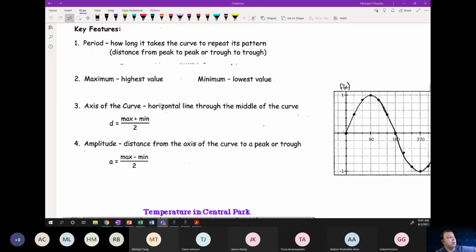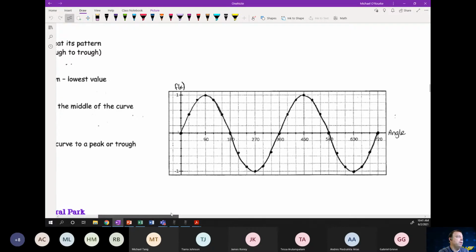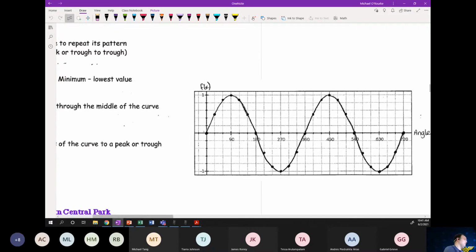The axis of a curve is the horizontal line through the middle of the curve. So, for example, for this graph here, the axis of a curve, if you think about the axis of anything is where it rotates around, like the axis of the Earth or anything like that.